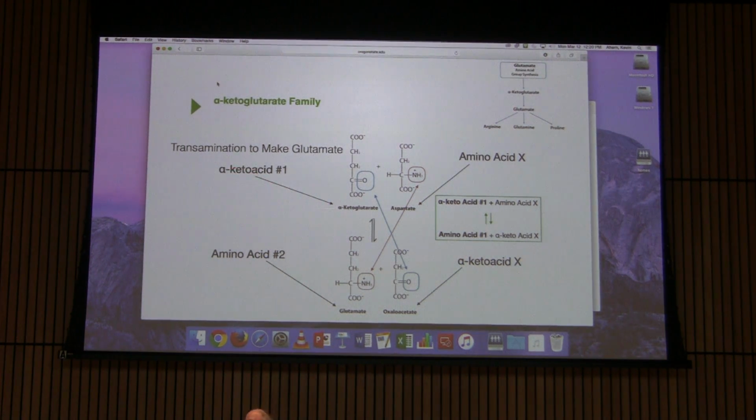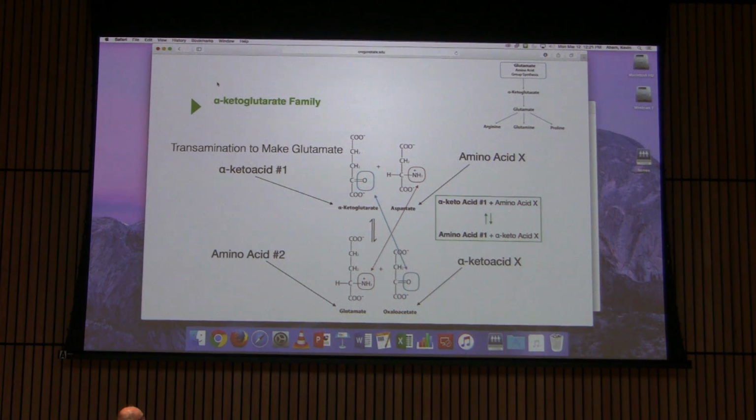Transamination reactions are catalyzed in general by enzymes known as transaminases, no surprise there, and they catalyze basically the swapping of carbonyl oxygen with amines. So for example, if we look at the top, we start with alpha-ketoglutarate and aspartic acid, and those two swap their respective groups, and when they do that, alpha-ketoglutarate becomes glutamic acid, and aspartic acid becomes oxaloacetate.